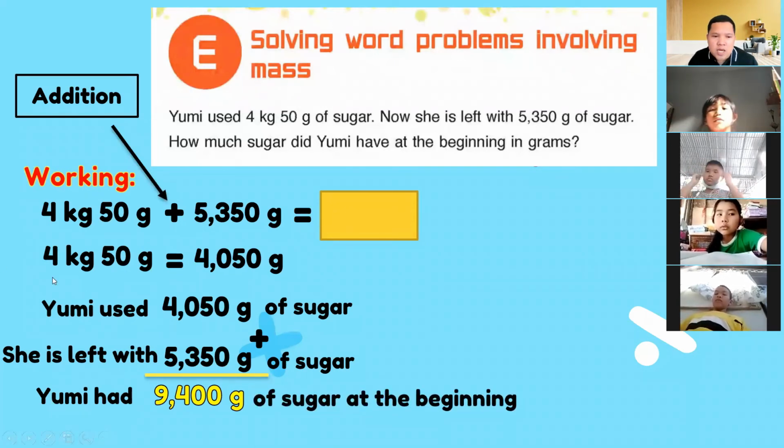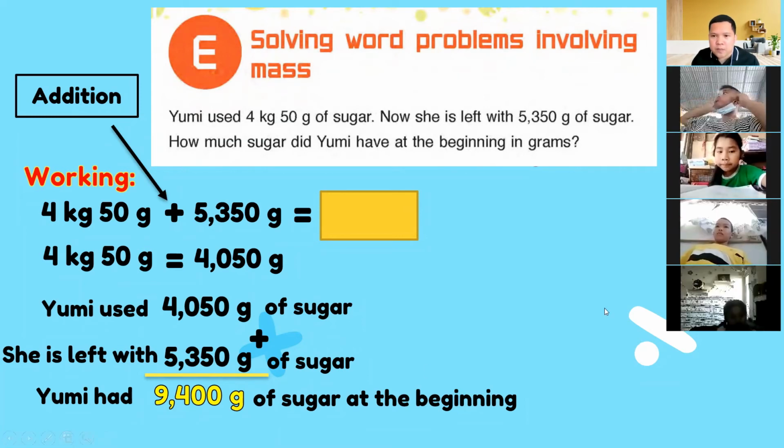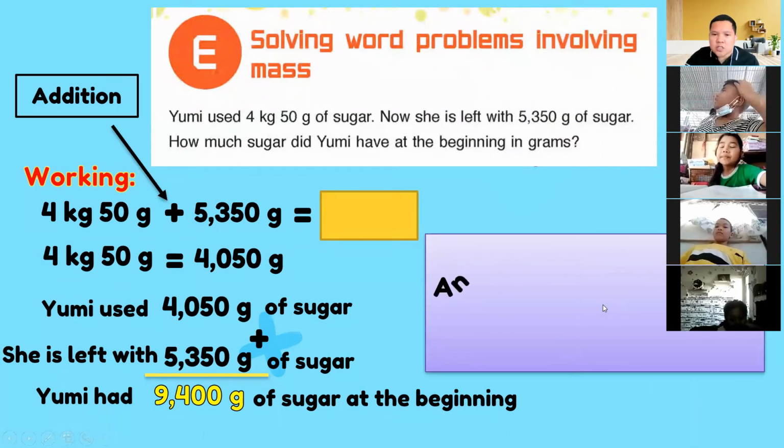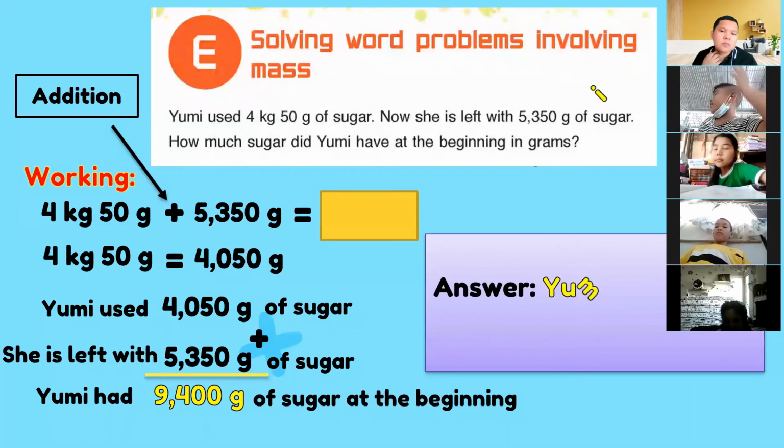So all you have to do is you add the two numbers. Okay, 4,050 gram plus 5,350 gram. And then you have 9,400 gram. For your answer, it should be like this.